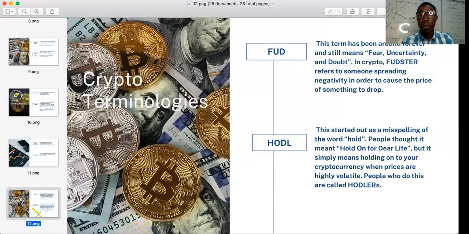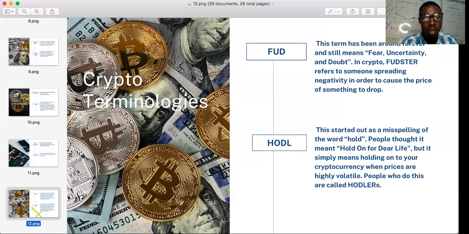Now, FUD. FUD stands for fear, uncertainty, and doubt. It's also a negative term, related to FOMO. In crypto, there's what is known as a FUDster. A FUDster is someone that is spreading negativity about a particular project. It happens a lot in crypto projects. Let's say, for example, I'm supporting the Cardano project and you are supporting the Ethereum project.